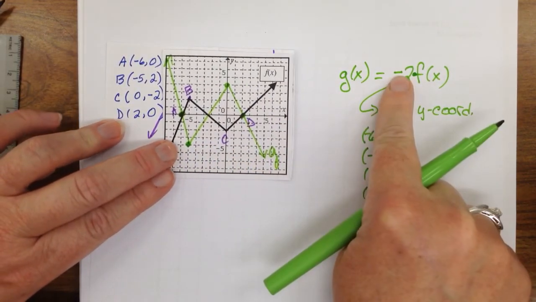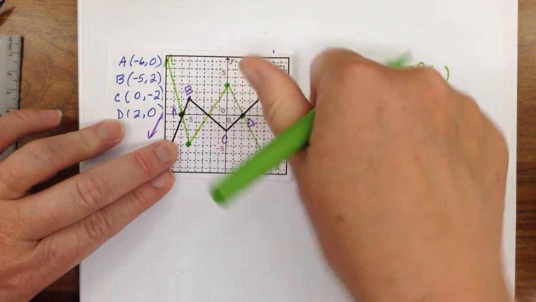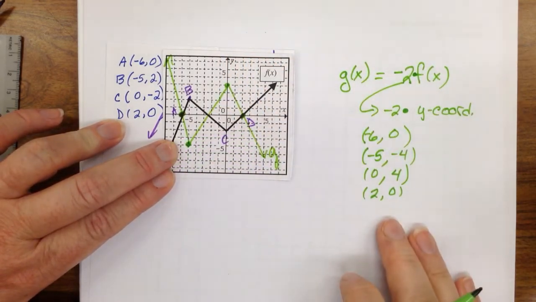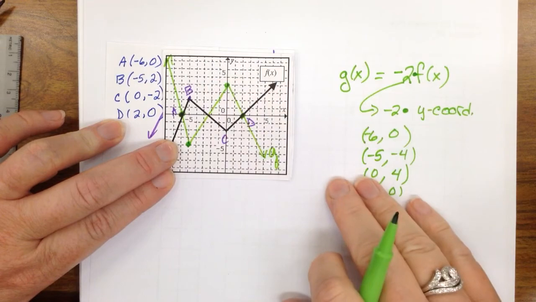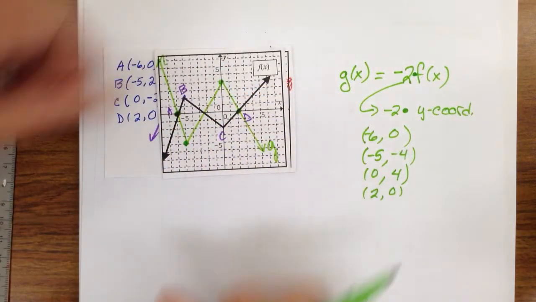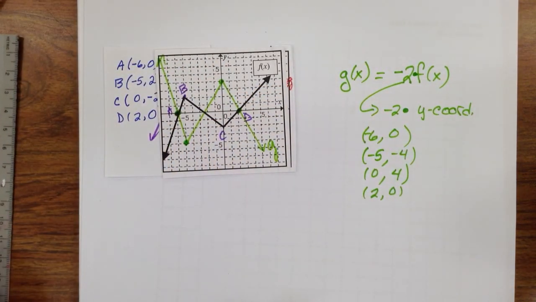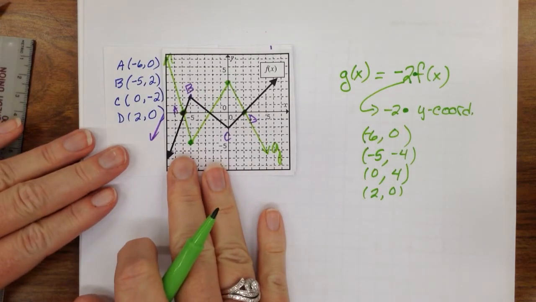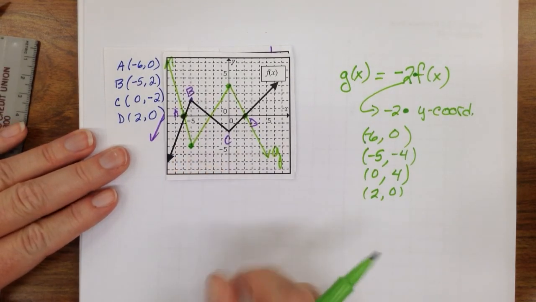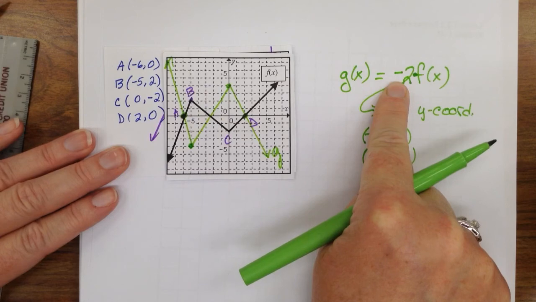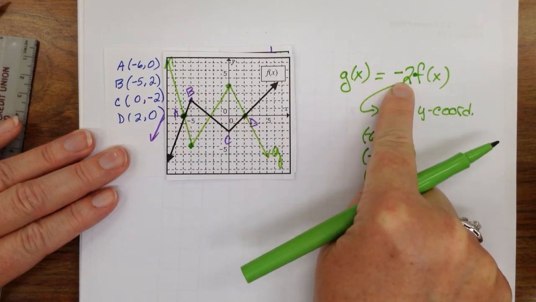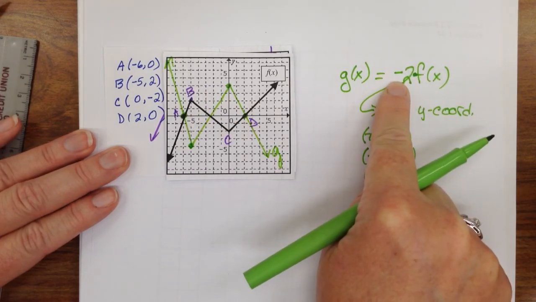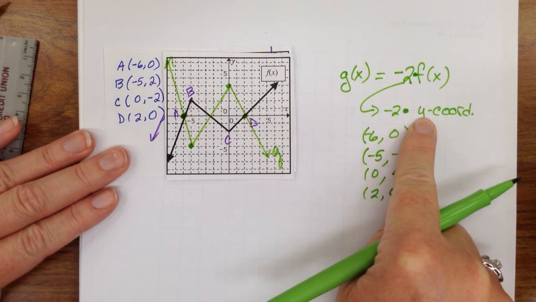This negative 2, the negative reflected it over the x-axis. It's a vertical reflection. And the 2, whoop, stretched it. I know, it's kind of a little summary of what's going on. All right, ask yourself, are you in with the x? Fiddle with the x coordinates. Are you not in with the x, which is what we have here? Don't change the x coordinates, change the y coordinates. All right.